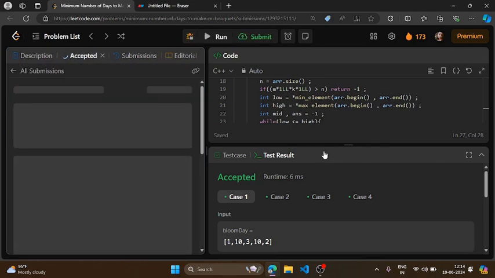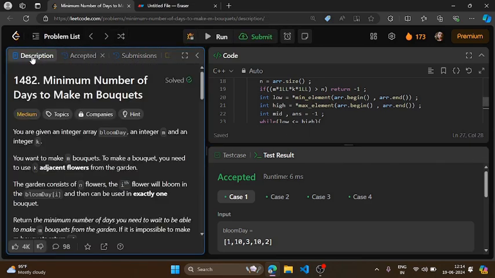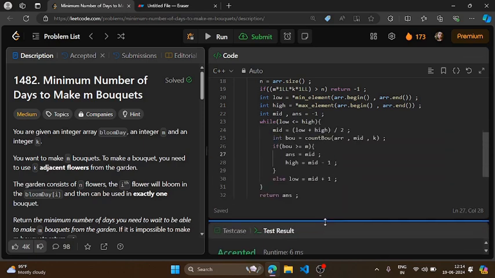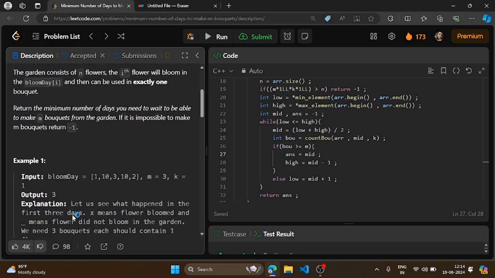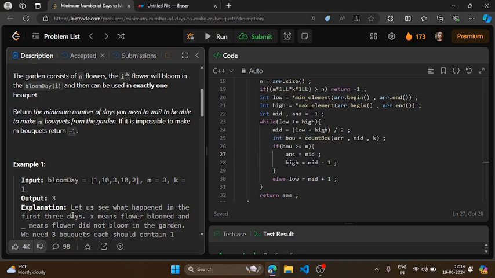So basically in this question, instead of checking for each day one by one, we were applying binary search to efficiently find the minimum number of days which we will require to make m bouquets. Now the main problem was getting the range of the days where we have to check.